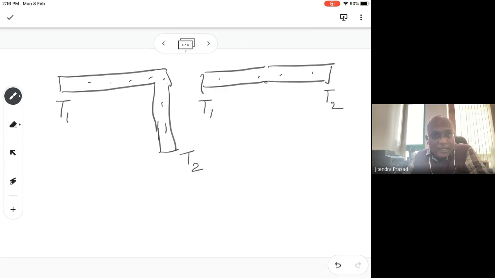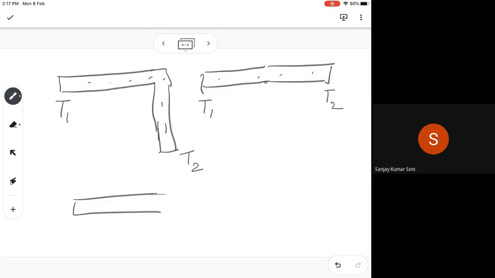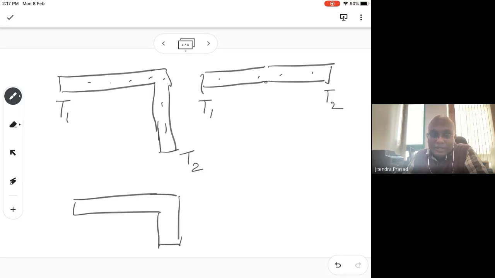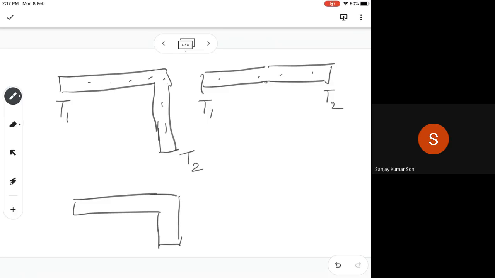Yes, sir. So this is in contrast to force. If you give displacement, then it will be different. Understood, sir. Okay, right, sir. Thank you, sir.